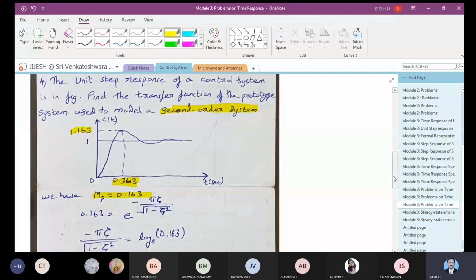What is the value of zeta you will get when you simplify it? You solve it. Two minutes, sir. Yeah, do it, no problem.